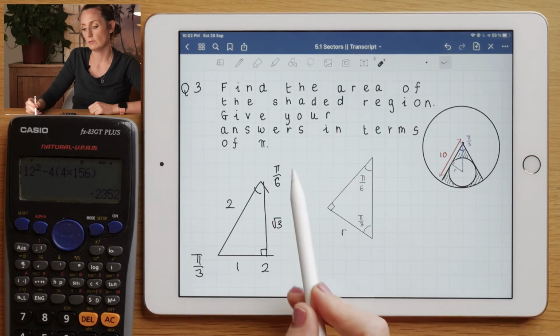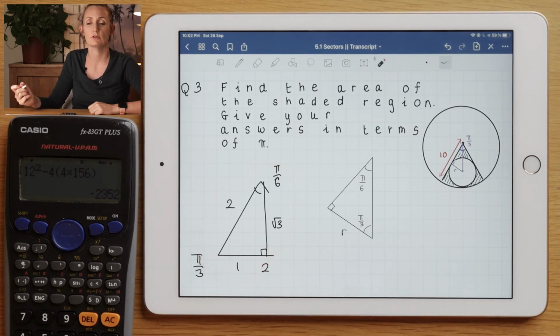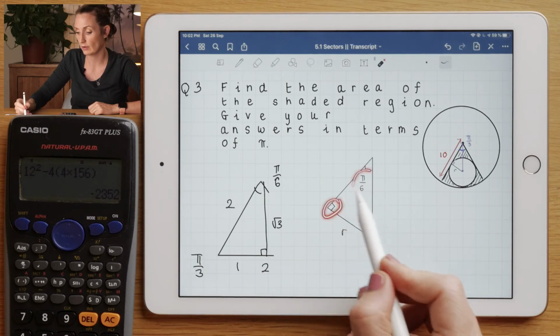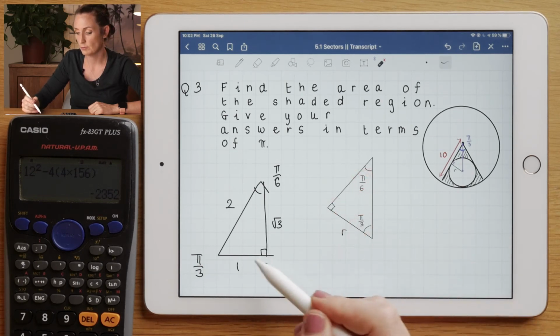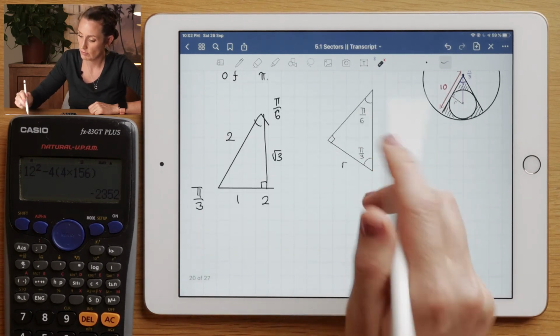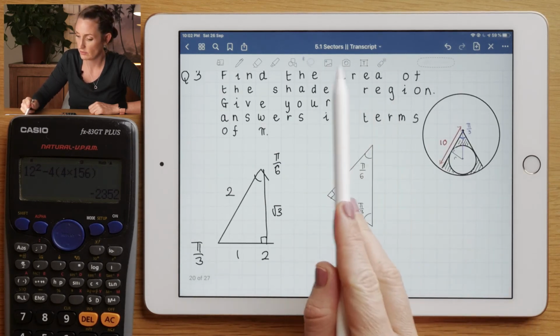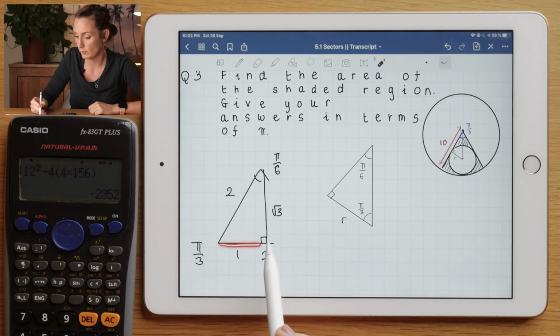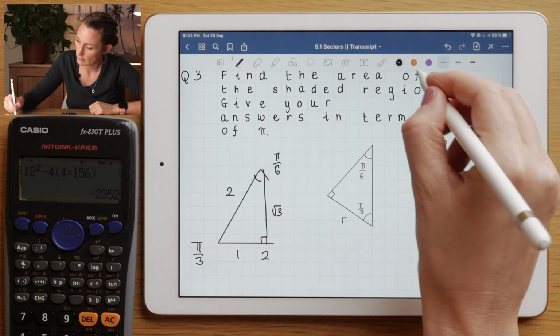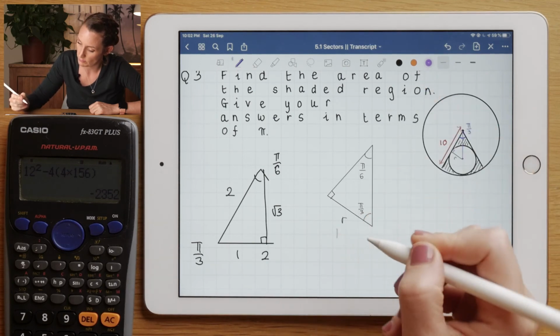So if we look at our special triangle, you can see these two are similar triangles because they have all the angles the same. So these must be a multiple of each other. So if we redraw them next to each other, we can see that the side that would correspond to 1 would be between 90 and pi over 3. So that would be this side that would correspond to 1.